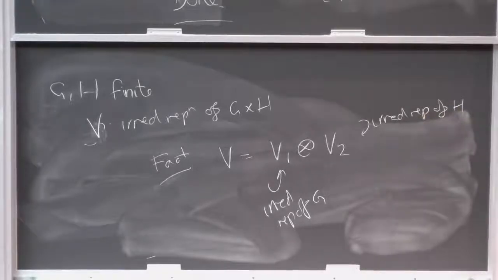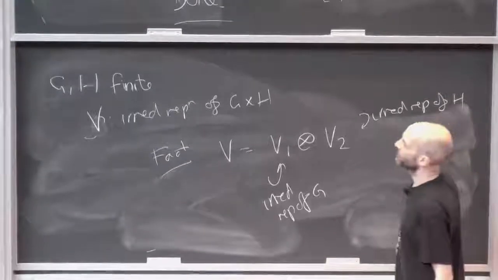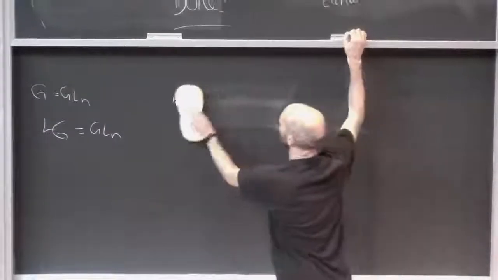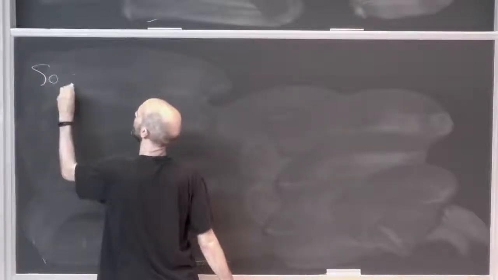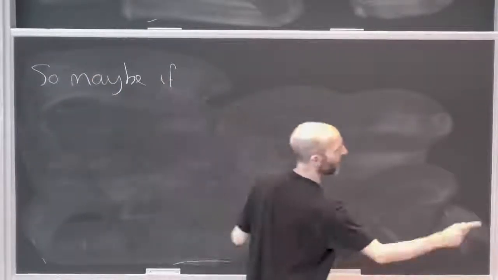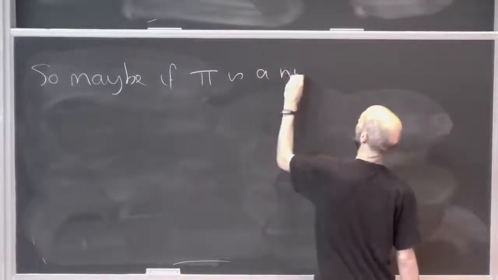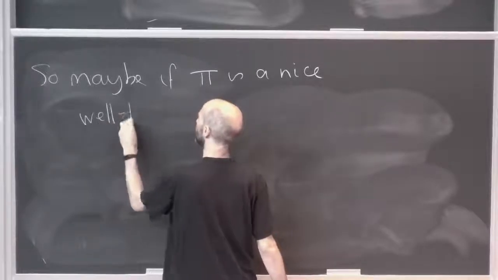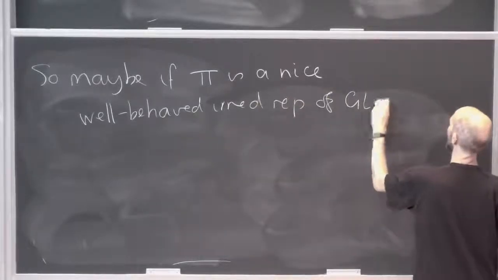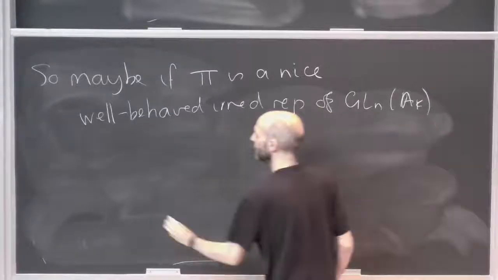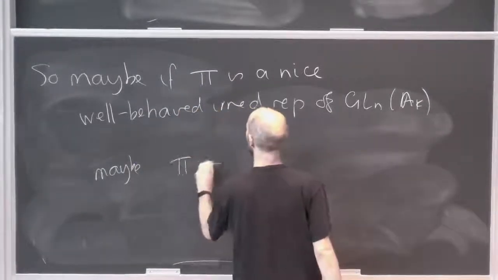Now, I guess these groups aren't really finite, and this isn't even really a product, but if you're prepared to gamble, then maybe you'll be prepared to accept that if pi is a nice, well-behaved irreducible representation of GLN of the Adels, then maybe pi is an infinite tensor product.